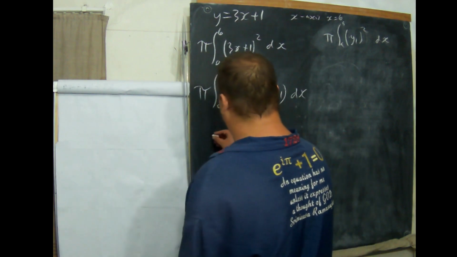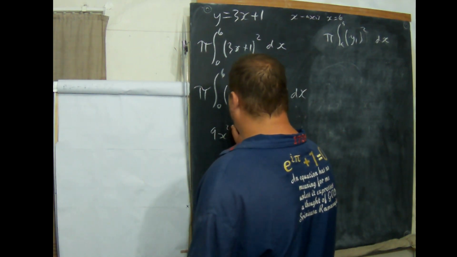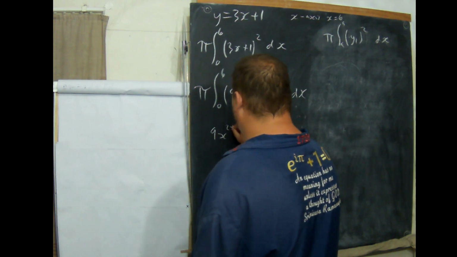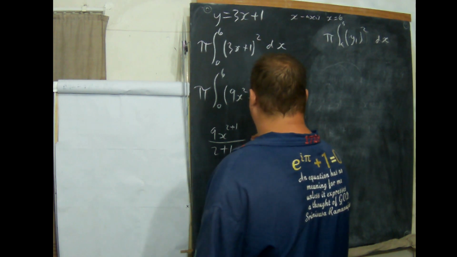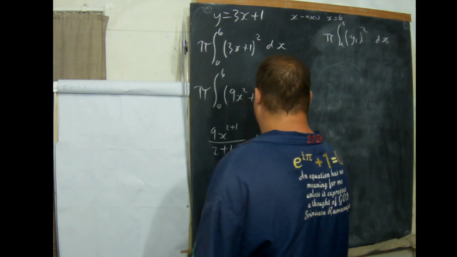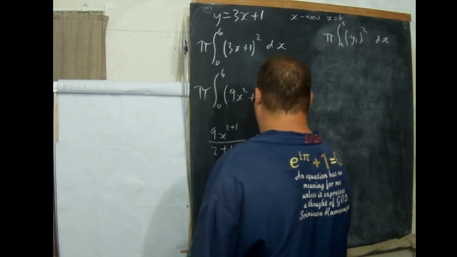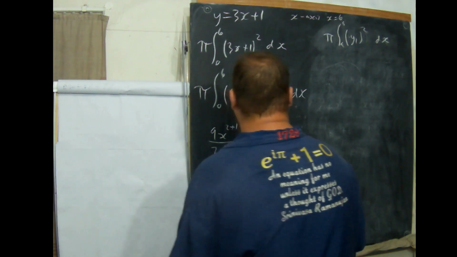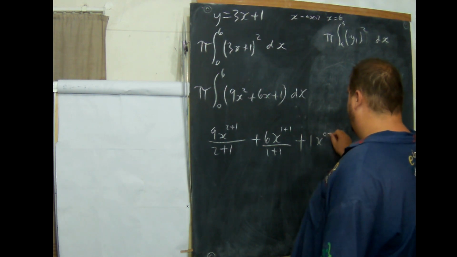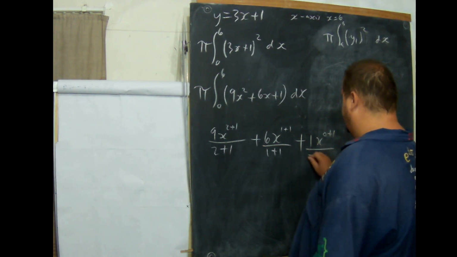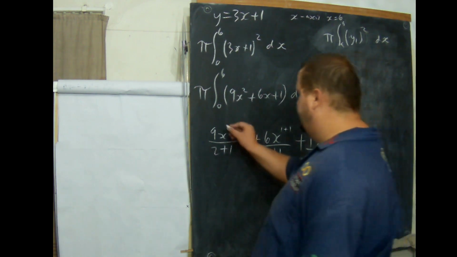So this is 9x to the power of 2 plus 1 over 2 plus 1, plus 6x to the power of 1 plus 1 over 1 plus 1, plus 1x to the power of 0 plus 1 over 0 plus 1. Okay.